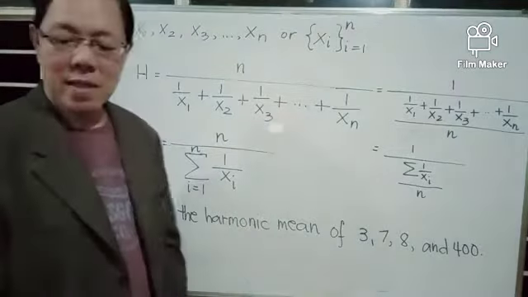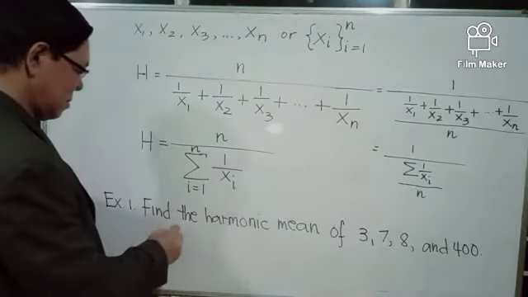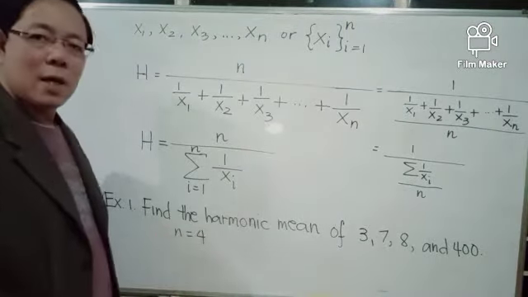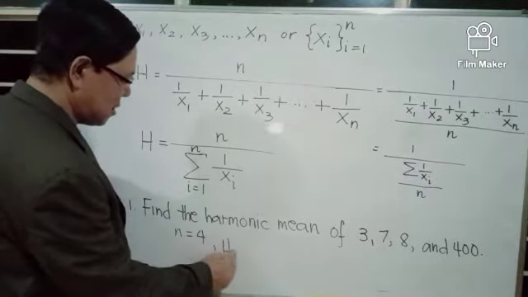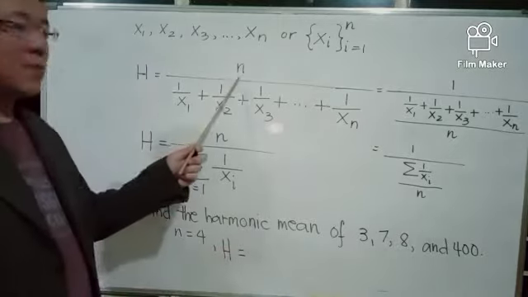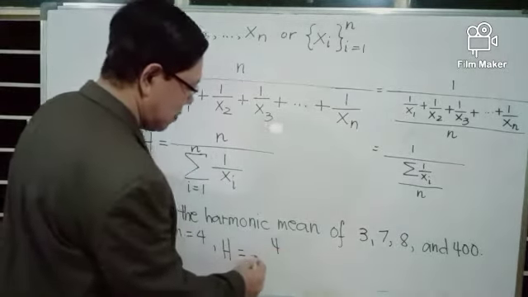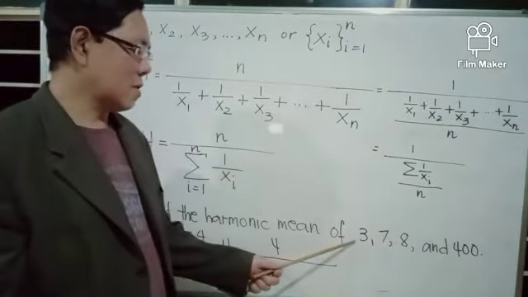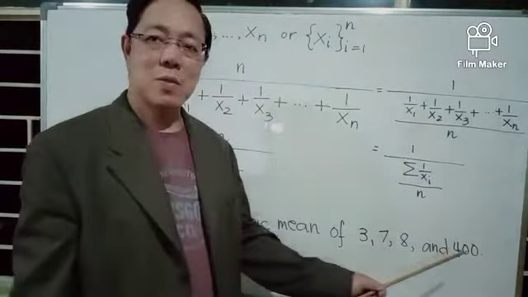So our n is 4. And our harmonic mean, denoted by H, is equal to 4 divided by the sum of the reciprocals of these 4 values.